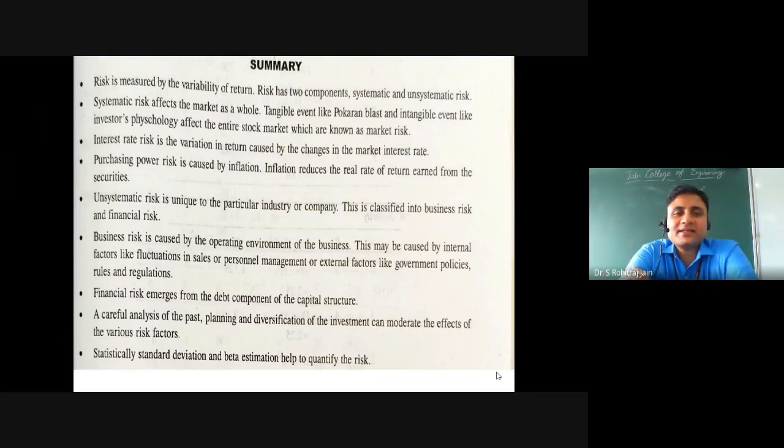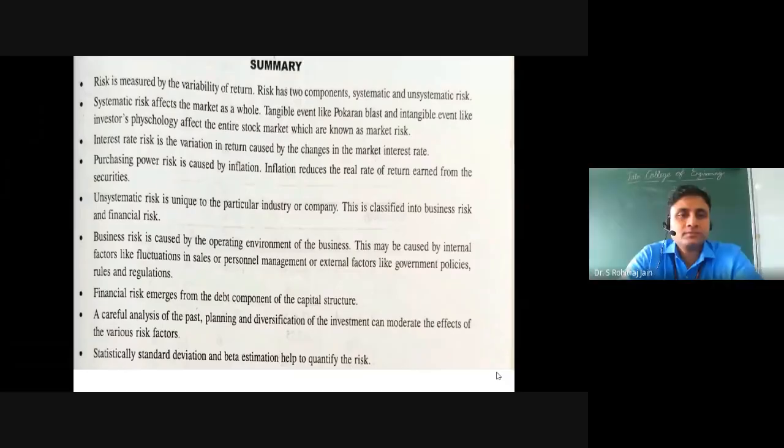Interest rate risk is the variation in return caused by changes in interest rates. Unsystematic risk is unique to a particular industry or company. Business risk is caused by the operating environment of the business. These are some of the points, the summary of this unit. Statistically, standard deviation and beta estimation help to quantify the risk.